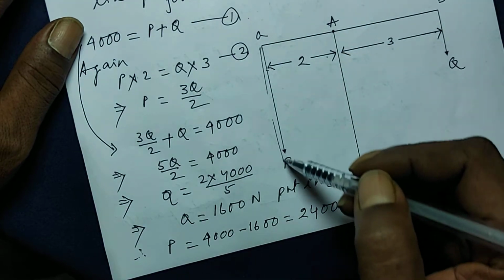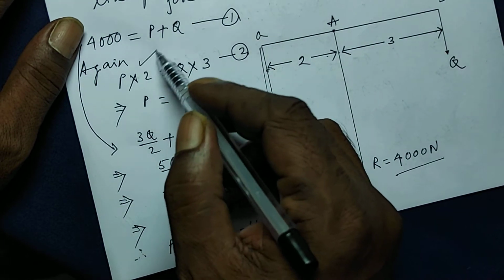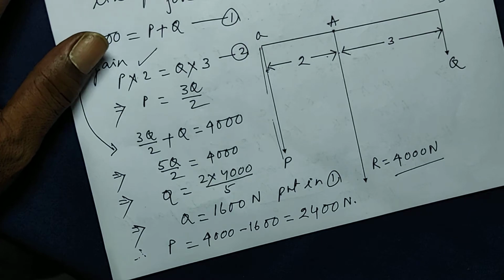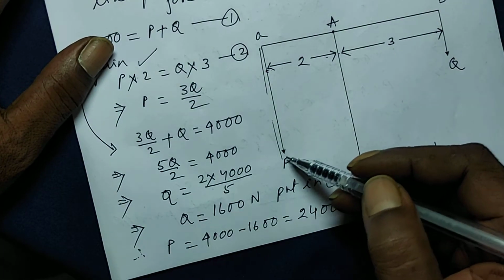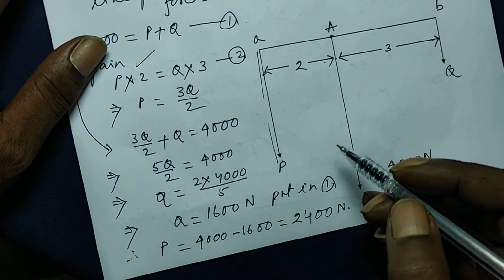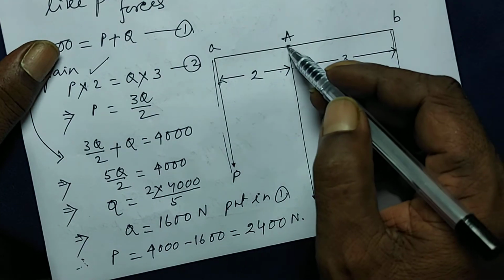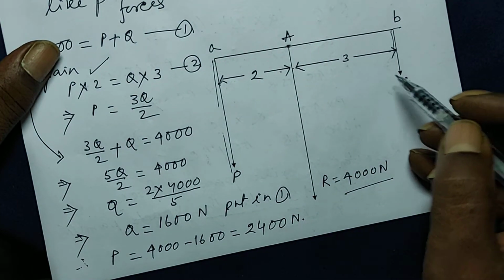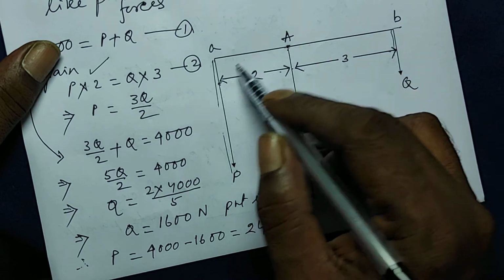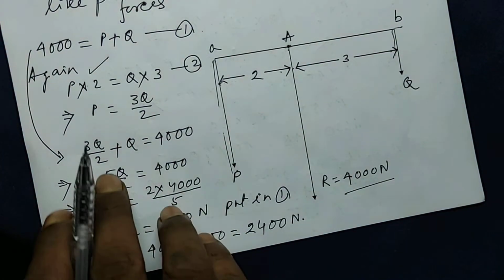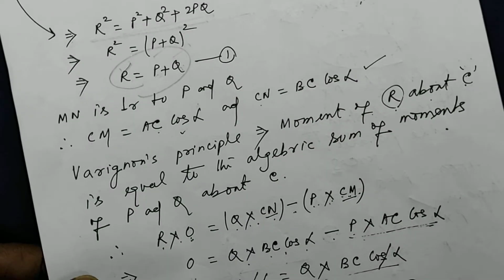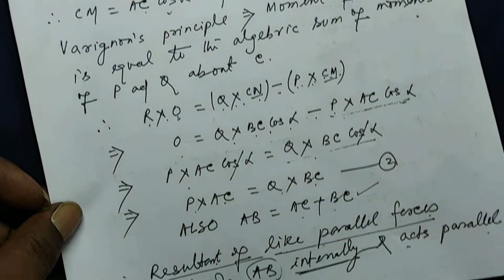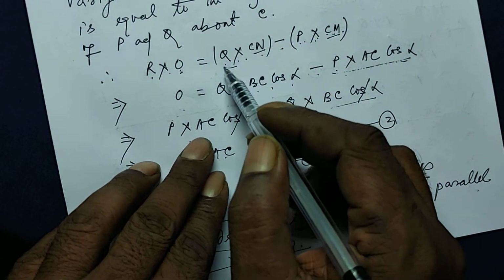So P times 2, that is the moment of P about A, is equal to Q times 3, the moment of Q also about A, and they must be equal. This is what I explained to you here.